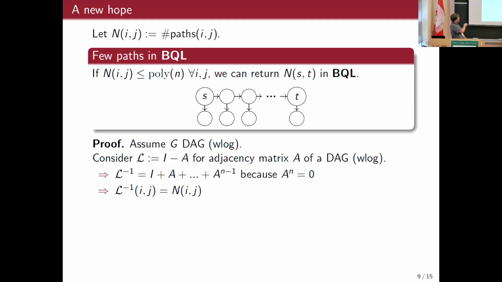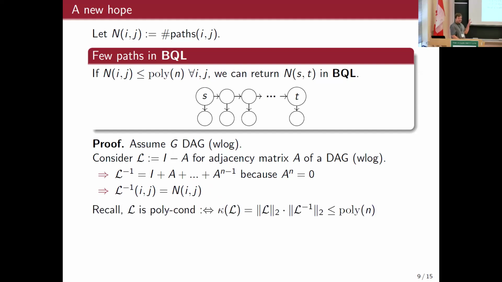And then it is an easy observation that the entries of A to the k, ij, exactly correspond to the number of paths from i to j of length exactly k. So if we sum up all of these different powers of the adjacency matrix, we are exactly summing up the paths for every different length. So the inverse is just equal to the total number of paths between i and j.